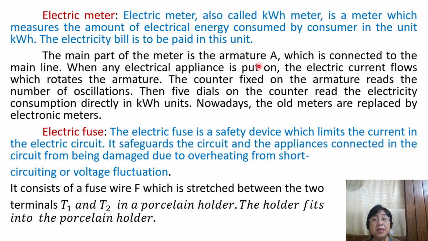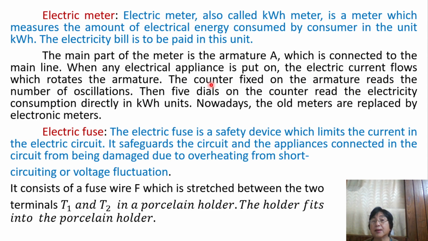And when the armature receives the current, then it rotates, okay? Then the counter fixed on the armature reads the number of oscillations. That means how many times it rotates, all right?